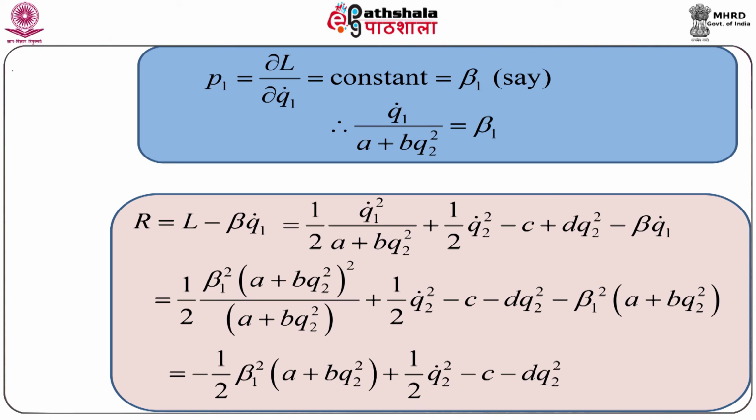Finally, R becomes capital R equals minus half beta 1 square into a plus b q2 square plus half q2 dot square minus c minus d q2 square.